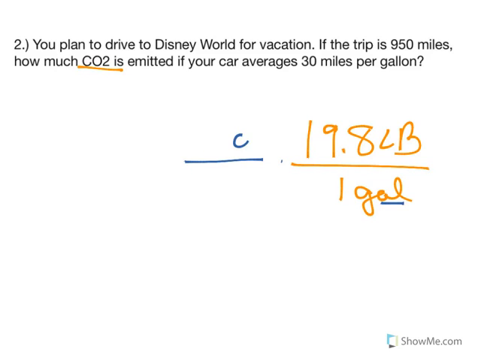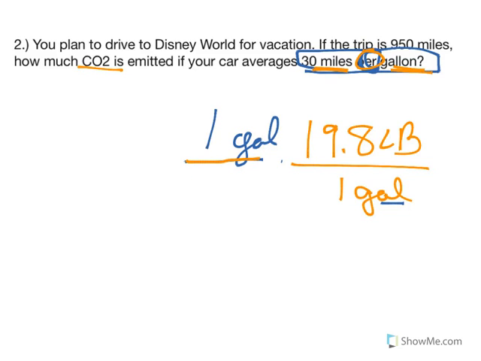So this is an ending, and I've got to work backwards. Again, gallons is in the bottom, so gallons has to go on the top. And the only place I see gallons is right here, 30 miles per gallon. Remember that per is the division line. So this word here represents that line that I just did. Okay, so when I am looking at this, 30 miles per 1 gallon.